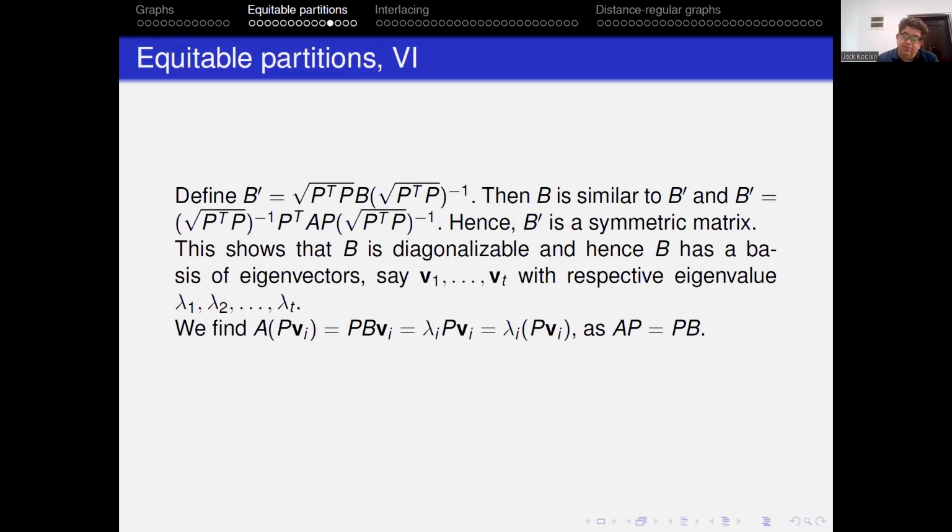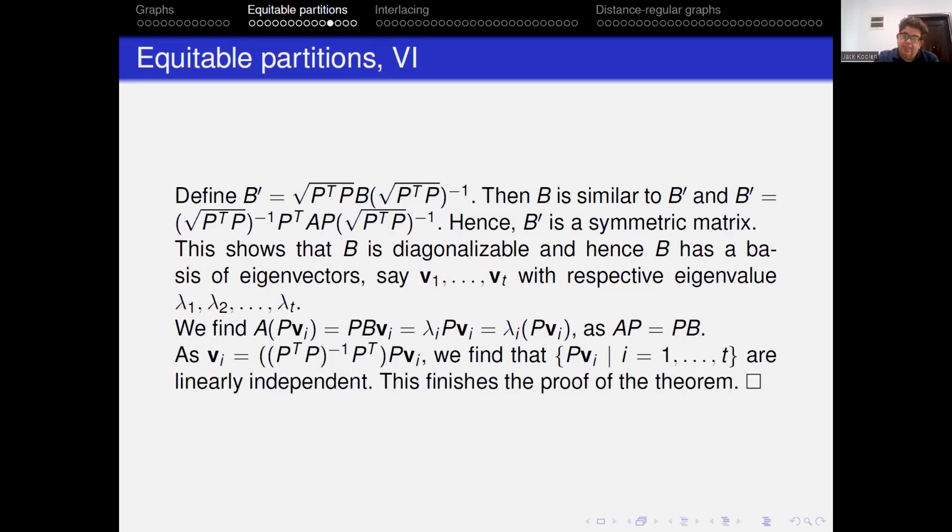So that means that P v_i is an eigenvector for A. So if we multiply now with this factor to the v_i, then we see that the v_i are always linearly independent, because it follows that the vectors P v_i are linearly independent. And this finishes the proof of the theorem.